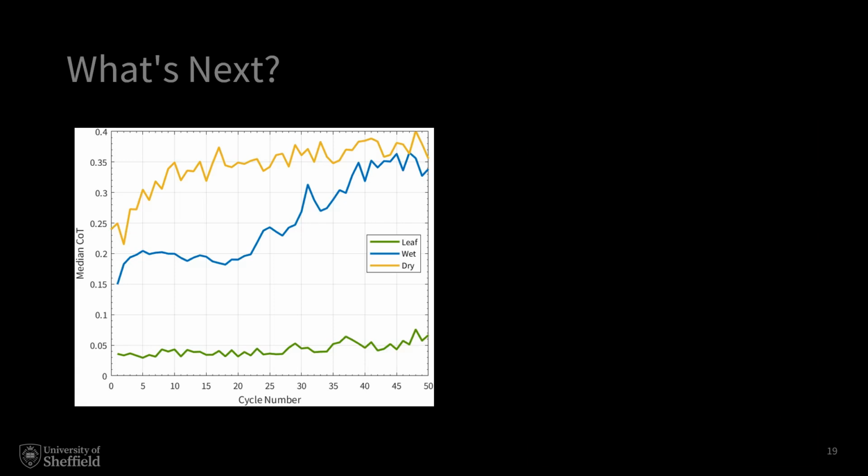The wet rail, the blue line, does eventually recover, but it takes a while. And the green line, which had a leaf layer on it, as I described earlier on, prepared in the same way, is persistently staying at that low or ultra low traction regime, the dangerous area. That's 50 wheel passes, about 5 trains, depending on their length. So it's really interesting and something that I want to explore further.